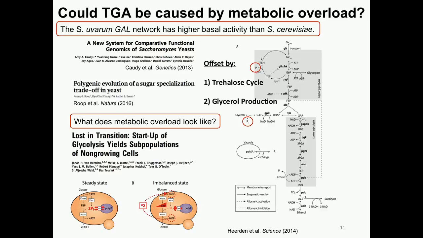In Saccharomyces cerevisiae, this is offset by the trehalose cycle that, in the early phase of glycolysis, takes over a quarter of the glucose and runs it through this futile cycle that regenerates phosphate. It can also regenerate phosphate by glycerol production. If this doesn't happen, that's where you get the fructose bisphosphate overproduction.